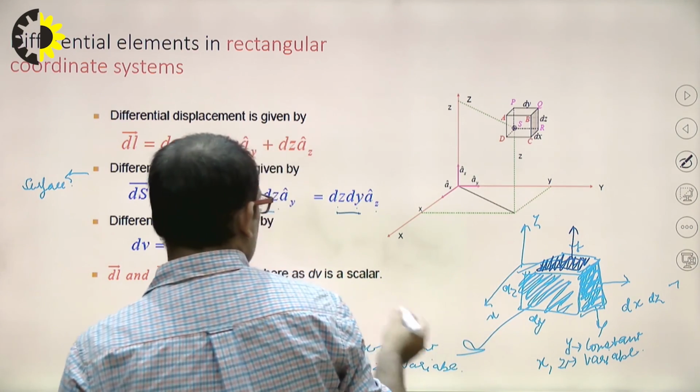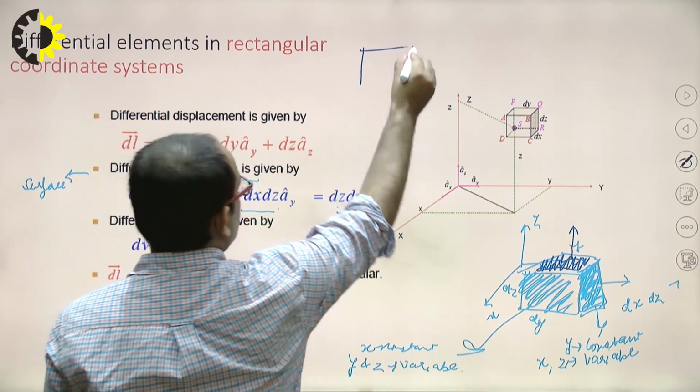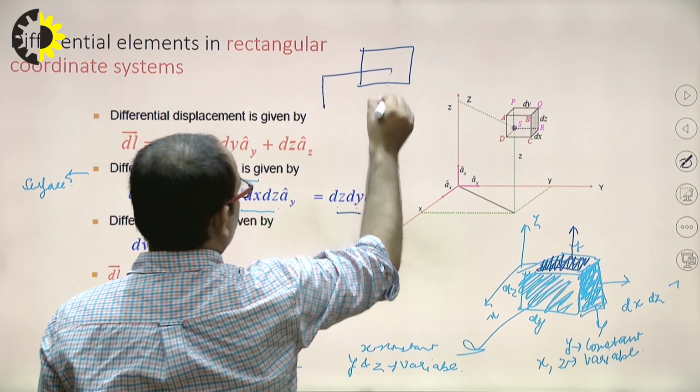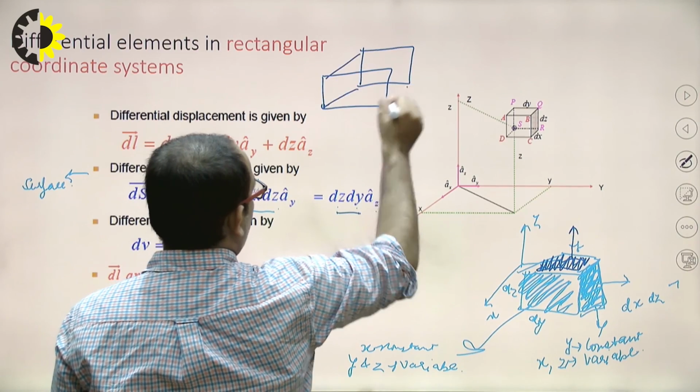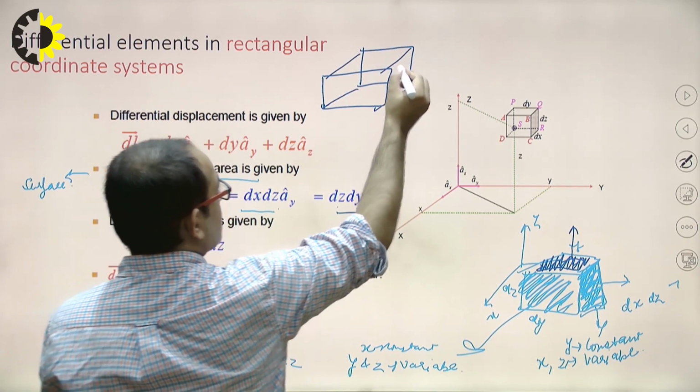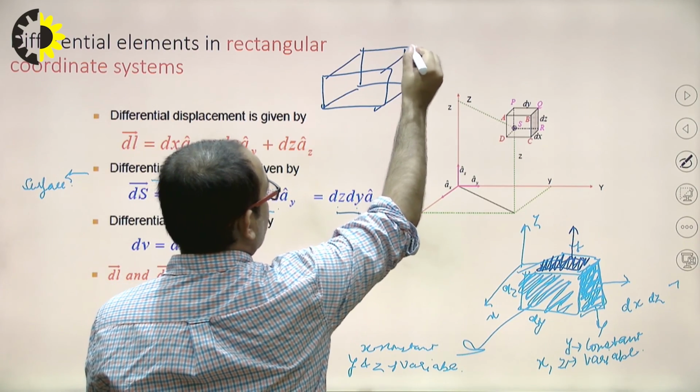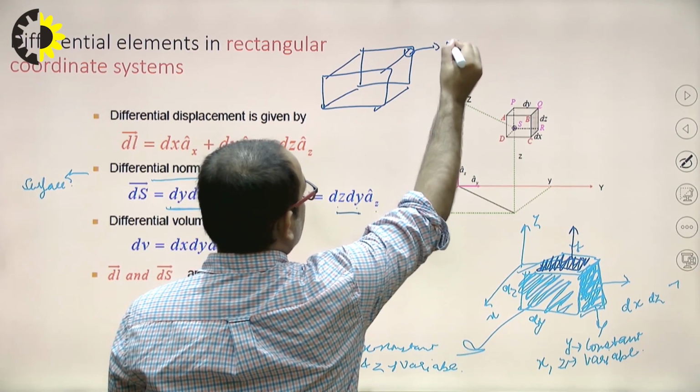Now the whole cuboid will be formed, and if I take a small part of this cuboid, it will be another cuboid.